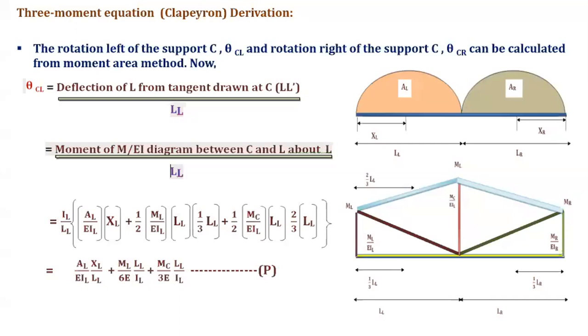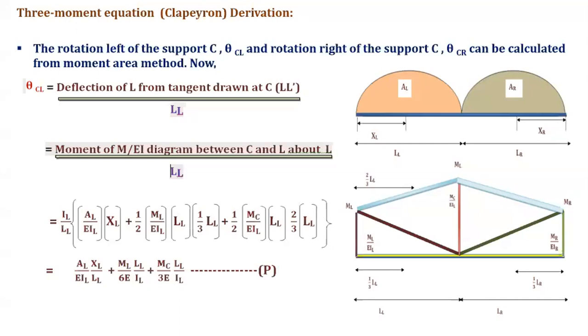In the case of cantilevers, first we calculate the moment divided by EI. Why do we divide by EI? According to Mohr's theorem, if the moment is in terms of M by EI, then we apply Mohr's theorems 1 and 2.